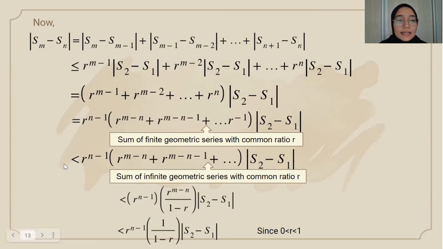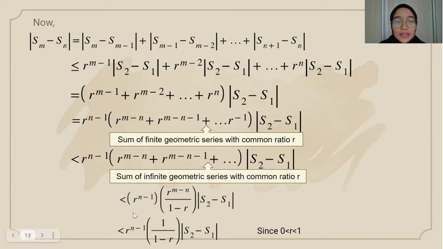So this is less than r to the power of n minus 1 times the series of r to the power of m minus n plus r to the power of m minus n minus 1 and until infinity, and this times S2 minus S1. So this is less than the formula of the sum of a geometric series, where the first term is divided by 1 minus the common ratio.